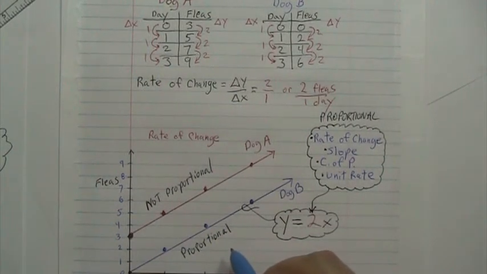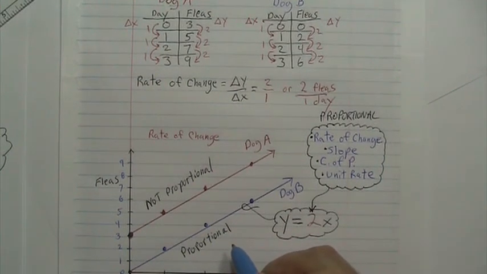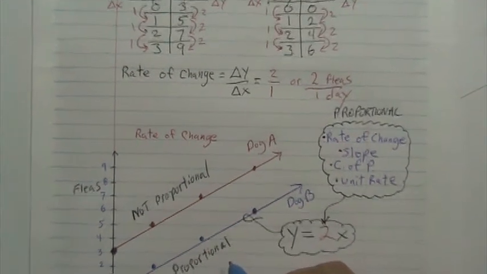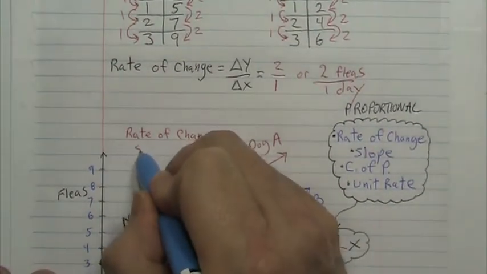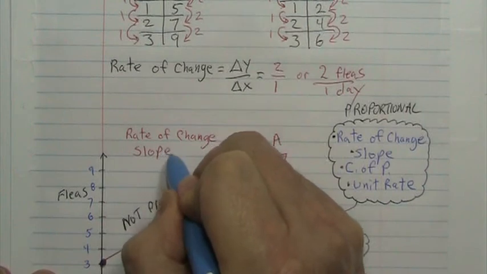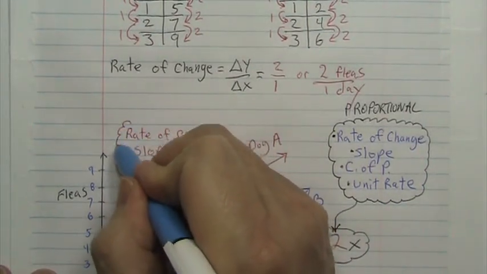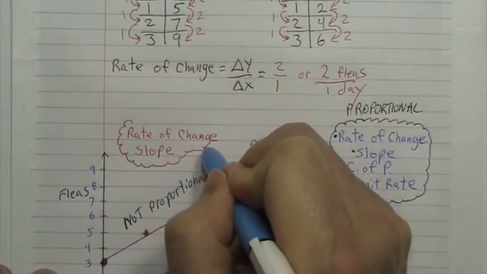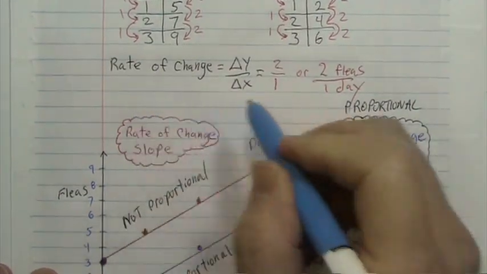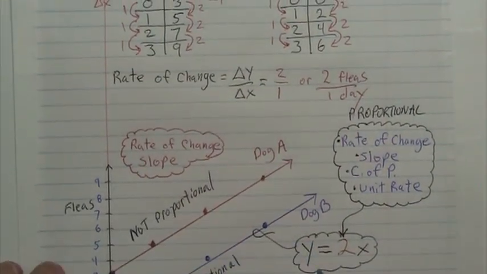Rate of change and slope. That's for not proportional.